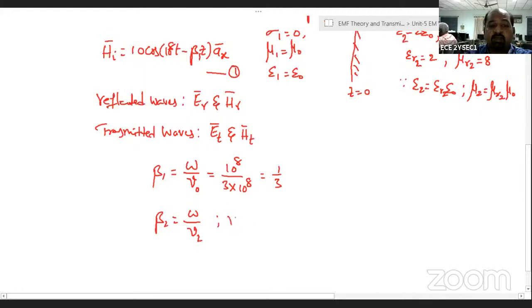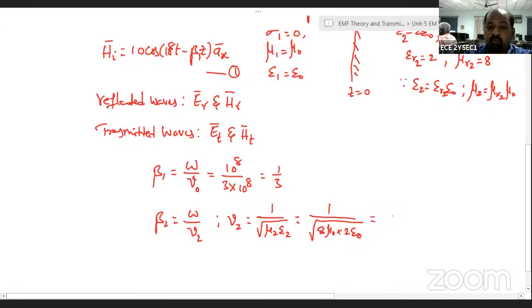Where v2 is equal to 1 by root of mu 2 epsilon 2, which is equal to 1 by root of 8 mu naught into epsilon 2. Epsilon 2 is 2 epsilon naught.